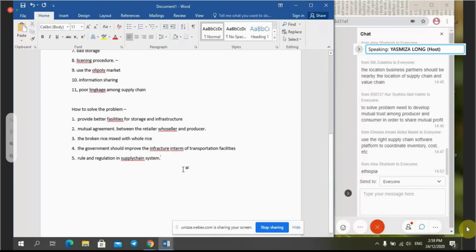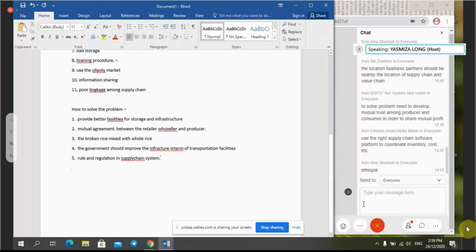Apa lagi? Apa ada artikel tu? Dia cadang shorter supply chain. Kalau shortkan supply chain tu provide greater value for the perpetrators.